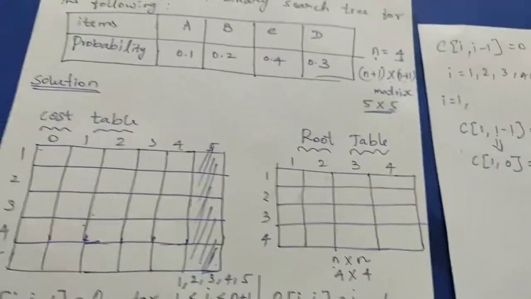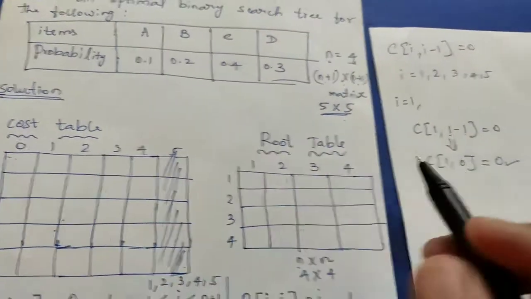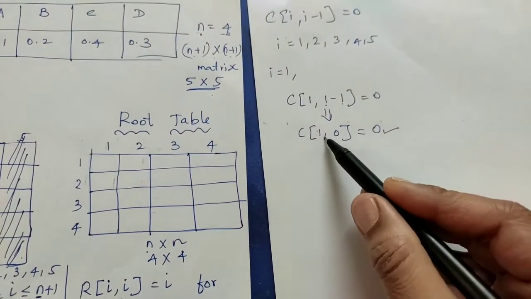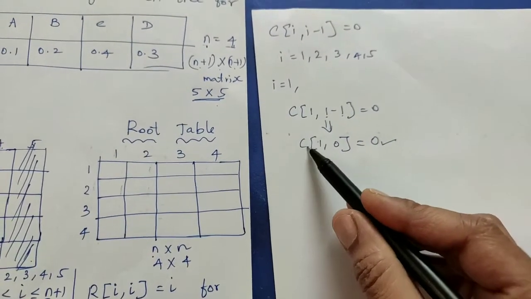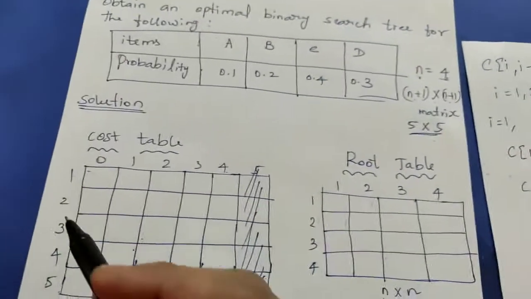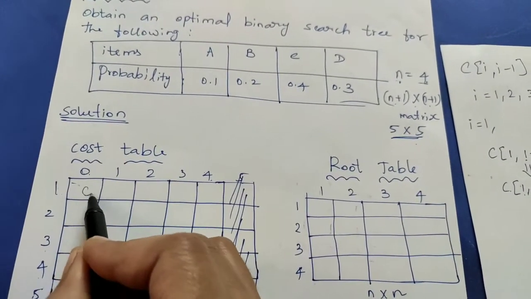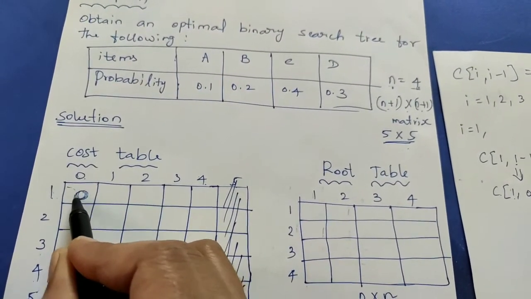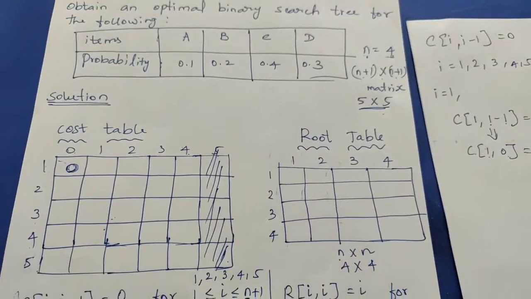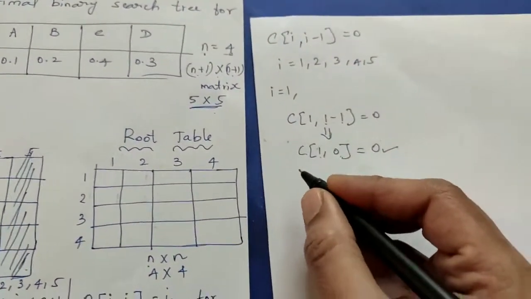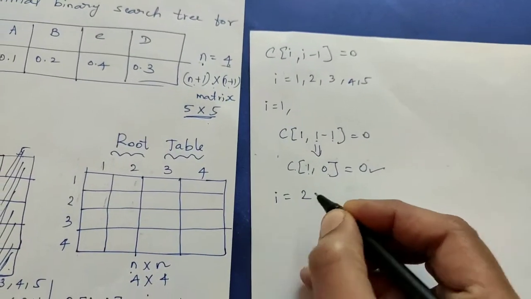So go to the cost table. In which location I need to fill the value as 0? C of 1 comma 0. In the cost table, C of 1 comma 0, I am just filling the value as 0. So next I need to consider I value as 2.